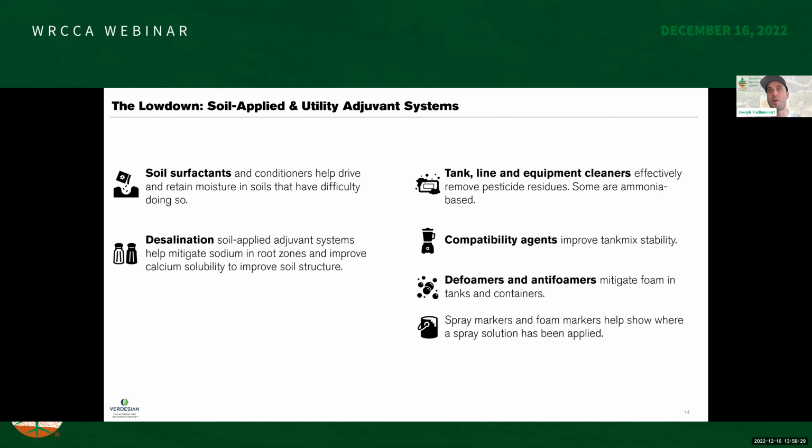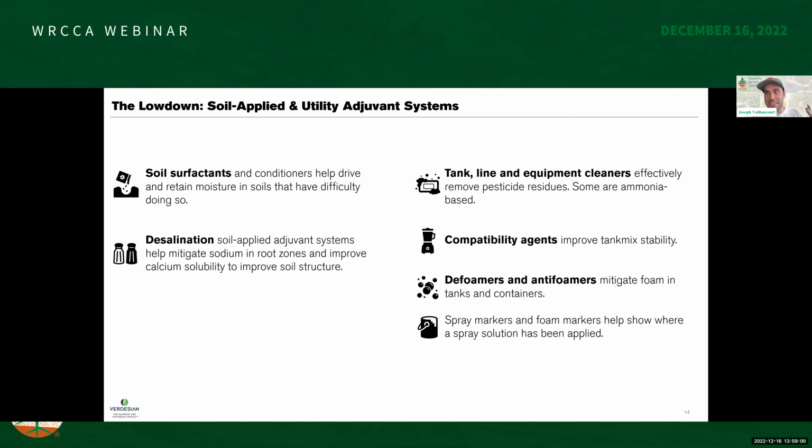Spray markers and foam markers, pardon me, are often used in roadside applications, just to show where the material's been sprayed. They'll create a little bit of foam or a dye, those sorts of things. So there are other adjuvant systems as well. There's all-in-one type systems that have a defoamer, a drift reduction agent, a water conditioner, a surfactant, and an oil system all in one.